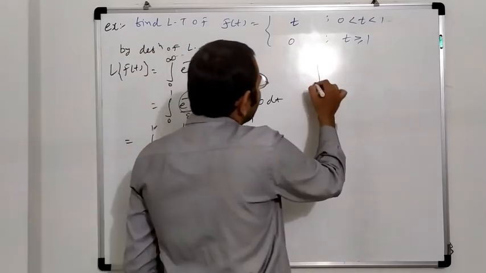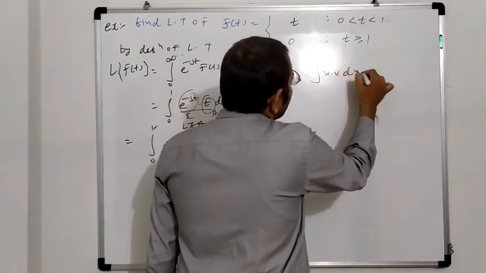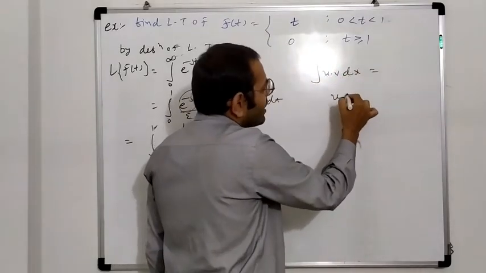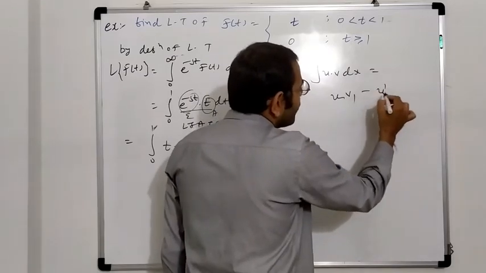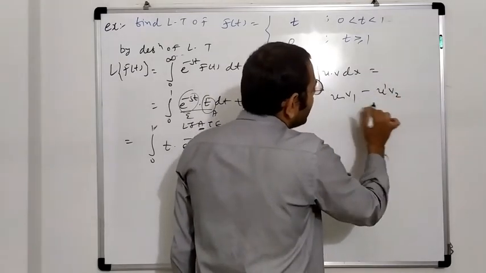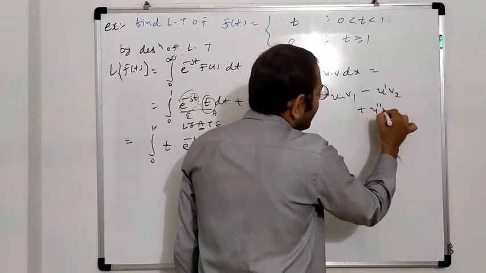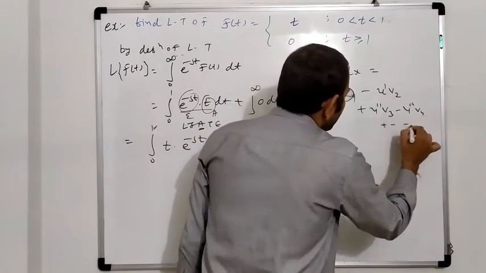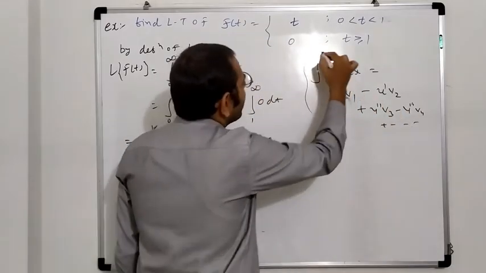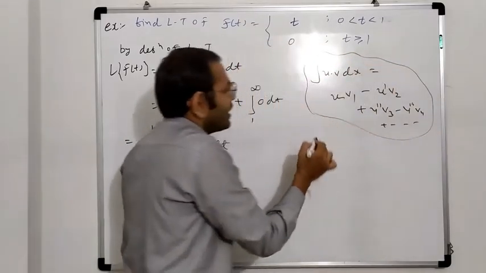We use Bernoulli's formula: the integral of u v dx equals u as it is, integral of v1, minus derivative of u, integral of v2, plus u double dash, v3, minus u triple dash, v4, and so on. That is the formula of Bernoulli.